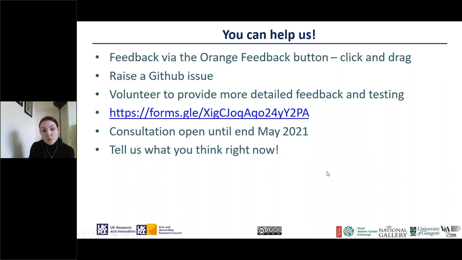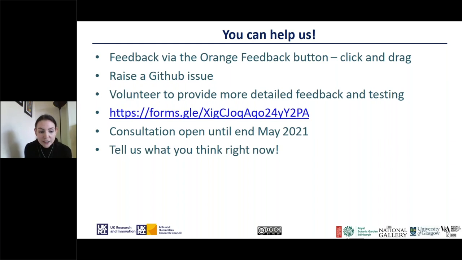The consultation is open from now until the end of May. We would really appreciate it if you could have a look around. If you're familiar with persistent identifiers, you can tell us where we might have missed something, or if you're not so familiar but think you might be interested in using this to inform some of your decision making, we'd really love to know how you get on with it, or where you think it is helpful or could be more helpful. That would be very much appreciated.